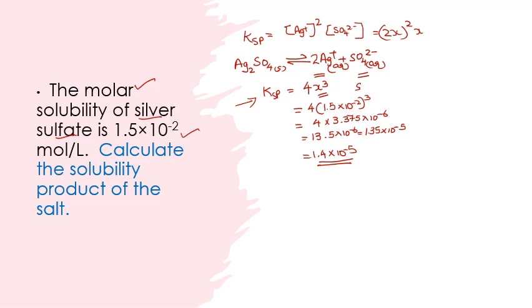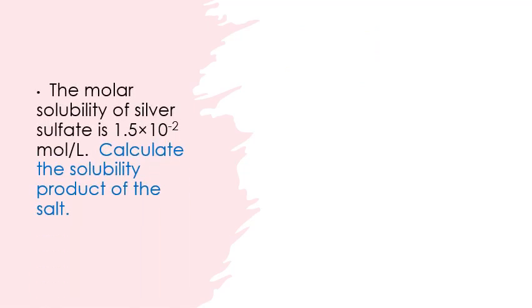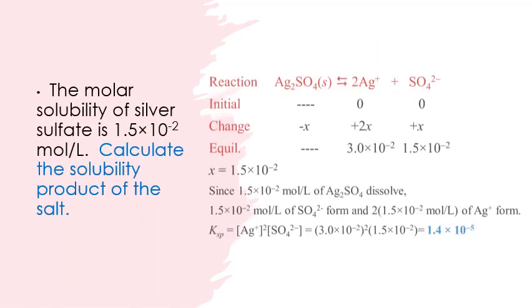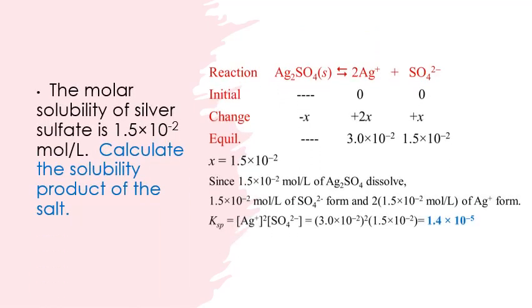Another method is by using the Rice table. In that case, we will first write the equation, and then we will write the initial concentrations. Initial concentration of silver ion is 0, and initial concentration of sulfate ion is also 0. And the change for the reactant is negative x. The normal Rice table we are writing, and this is plus 2x, and this is plus x. There is a 2 here, so it is plus 2x.